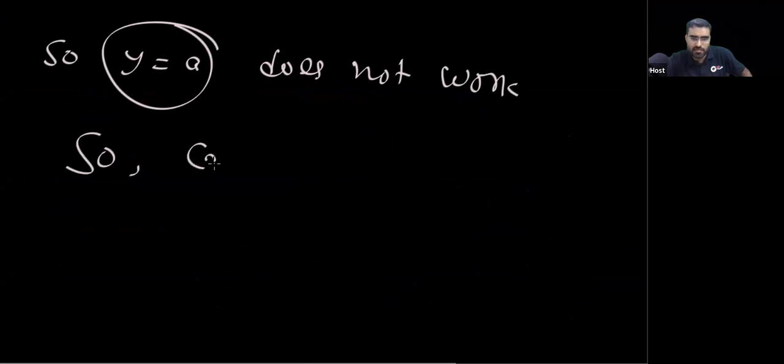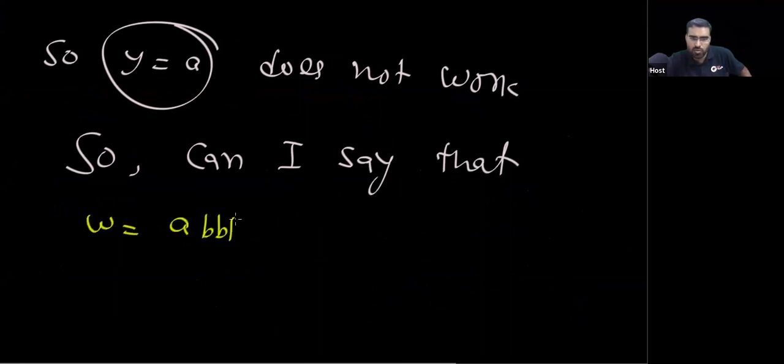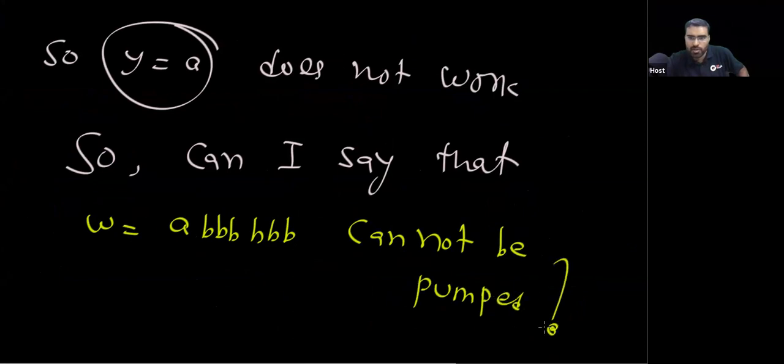So can I say that string w cannot be pumped? Tell me, can I say this cannot be pumped? The answer is no. If this does not work, try something else.